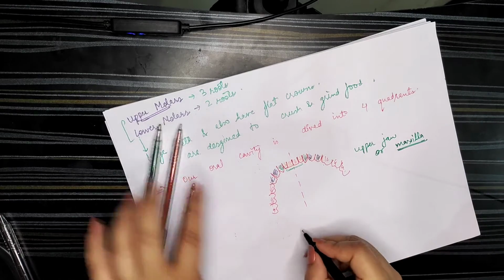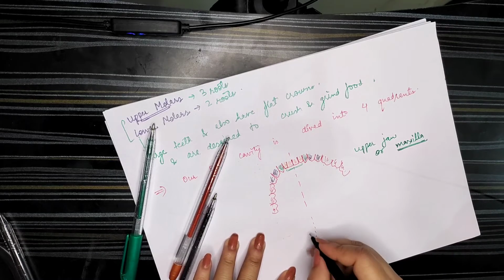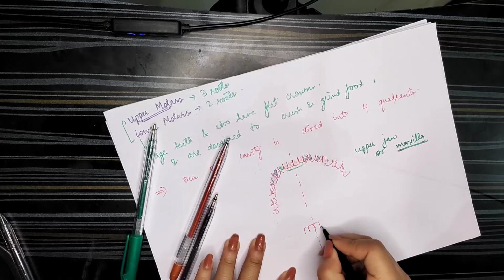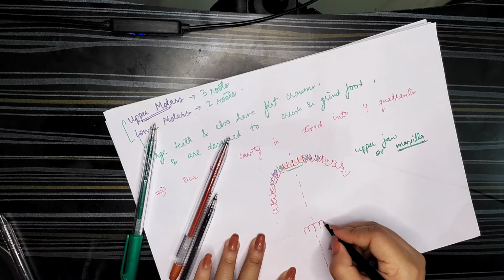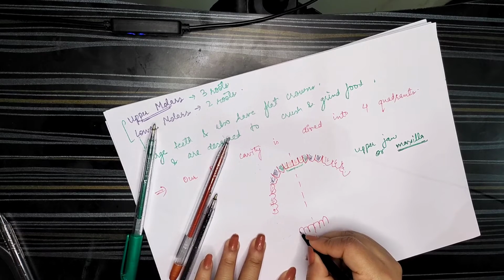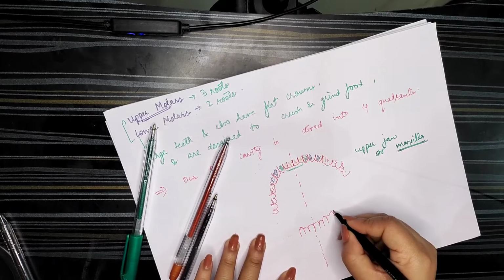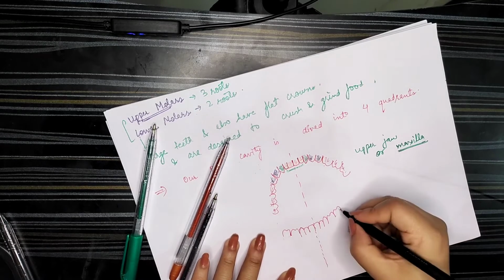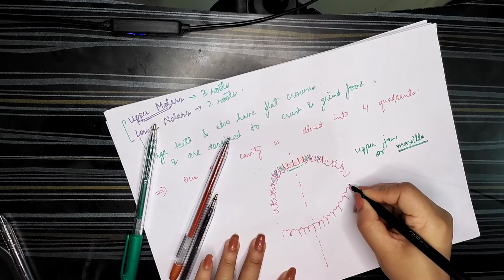And the lower jaw consists of 2 central incisors, 2 lateral incisors, 2 canines, 2 premolars, 3 molars.